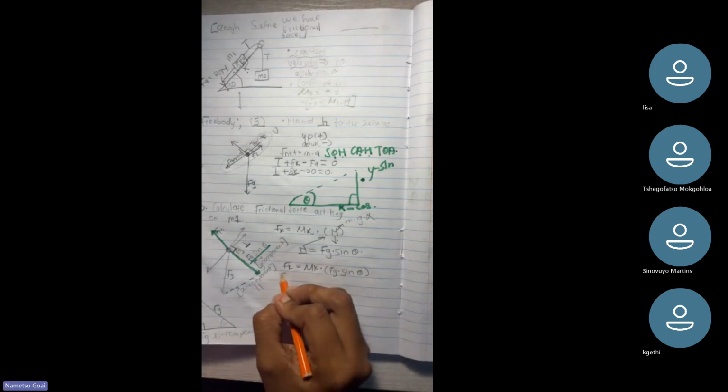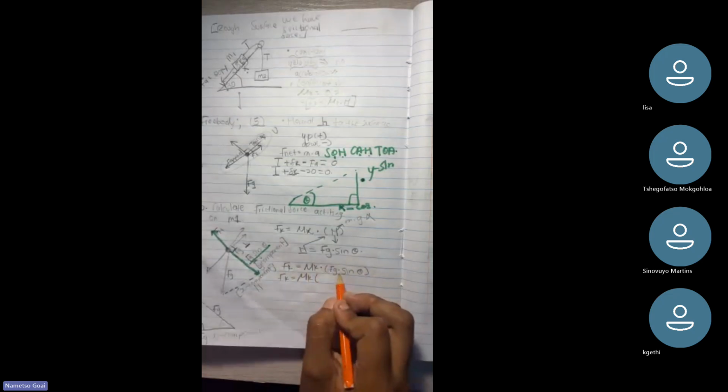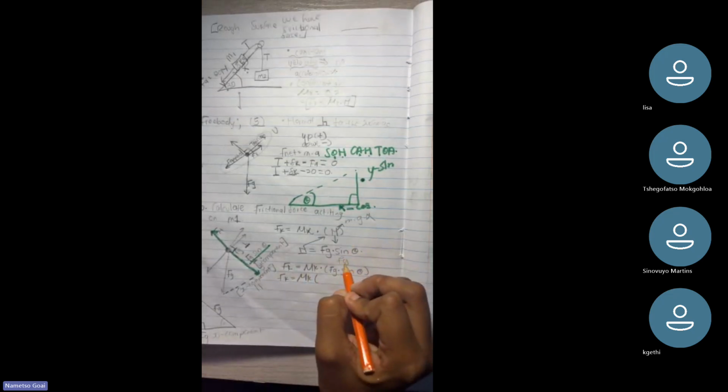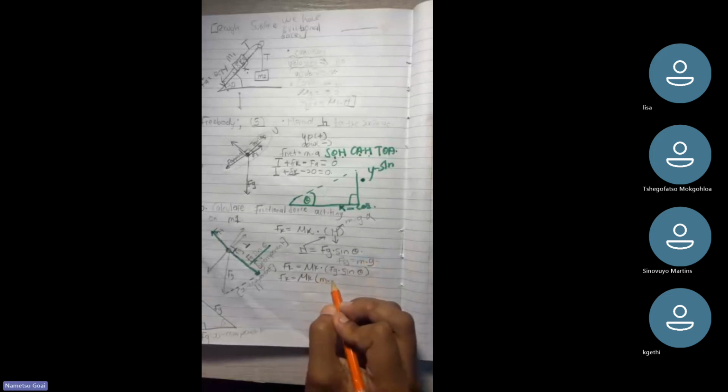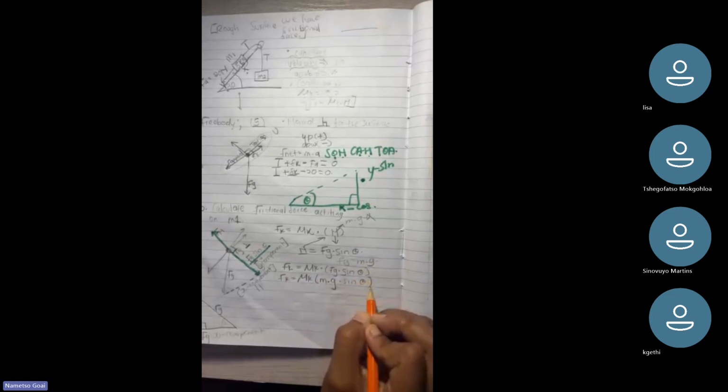What is Fg? Fg is simply m dot g, which is m multiplied by g multiplied by sine of theta.